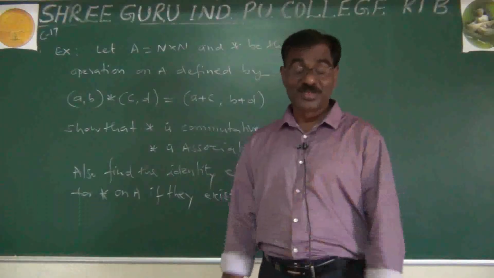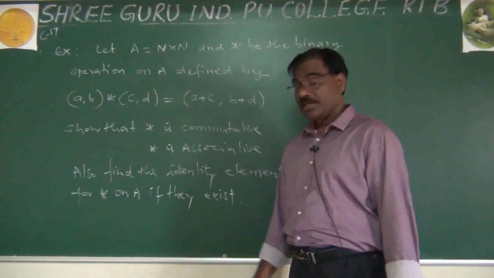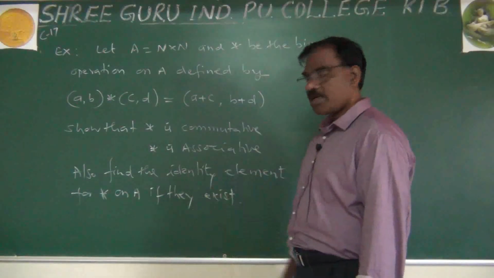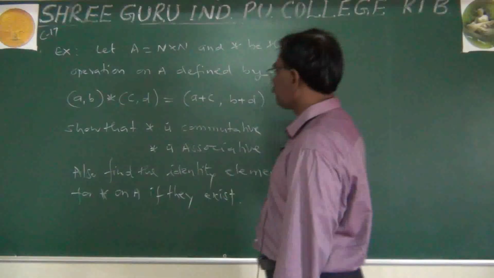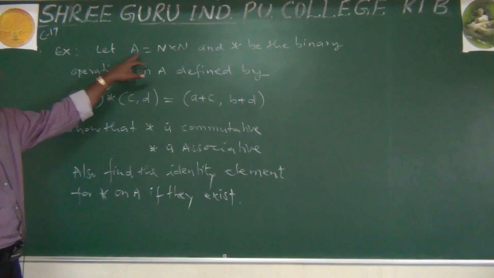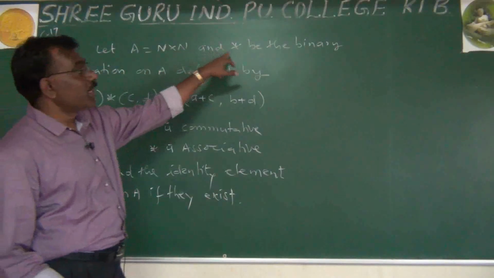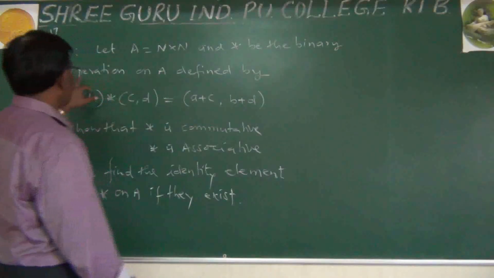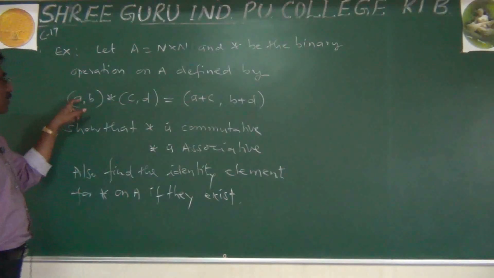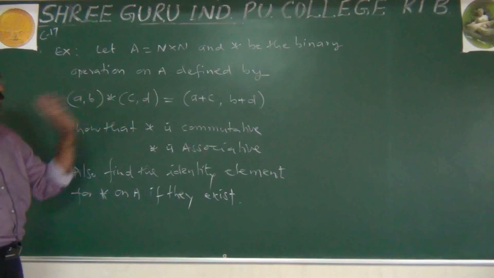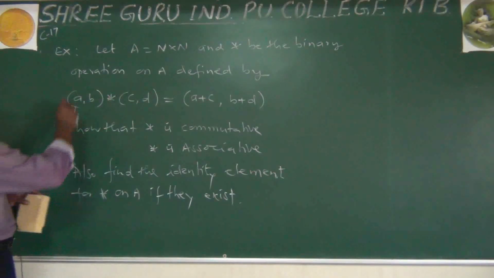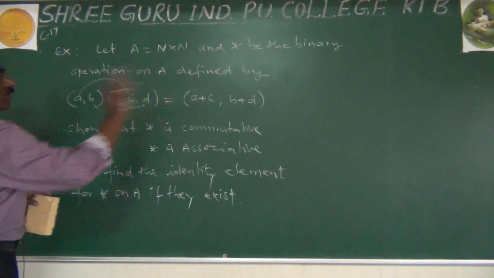The important part is the identity, whether it is asked for commutative or associative, and to find the identity if it exists. A is N cross N, and star is defined by A plus C and B plus D.